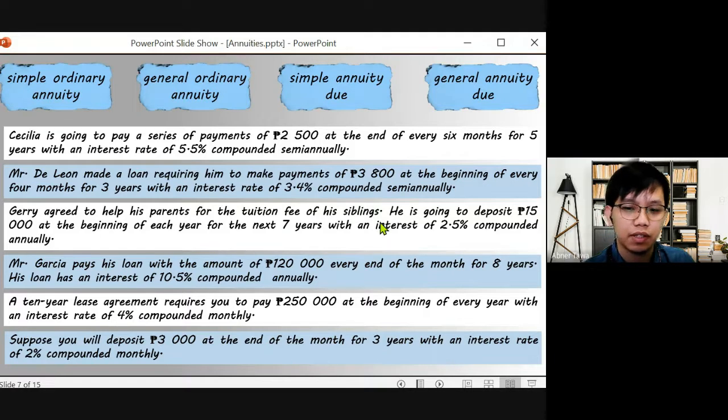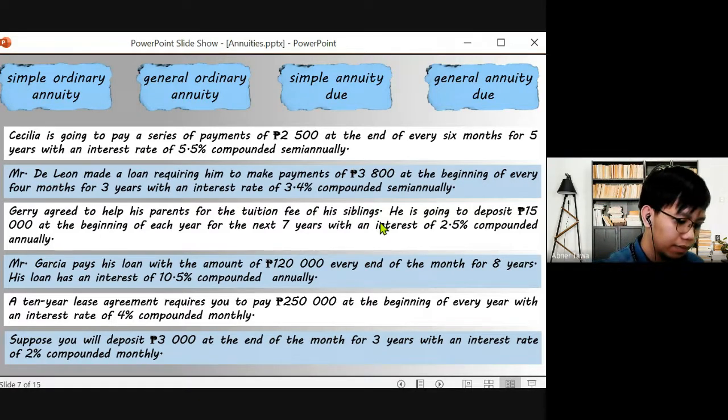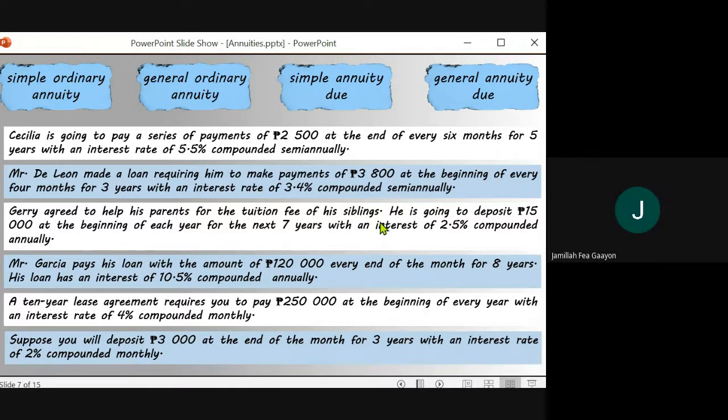Okay, Miss Jamila. Gary agreed to help his parents for the tuition fee of his siblings. He is going to deposit 15,000 at the beginning of each year for the next 7 years with an interest of 2.5% compounded annually.